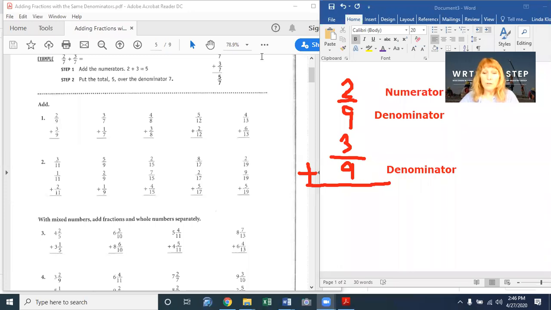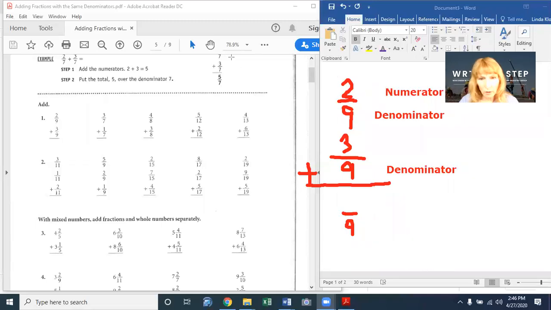Now when the bottom numbers are the same, never, never, never add your bottom numbers together. So your answer will never have an 18 as your bottom number because 9 plus 9 is 18. Do not add them together. Your bottom number will always stay a 9, or whatever the bottom number is for your fractions. So all you do is take your top numerators.